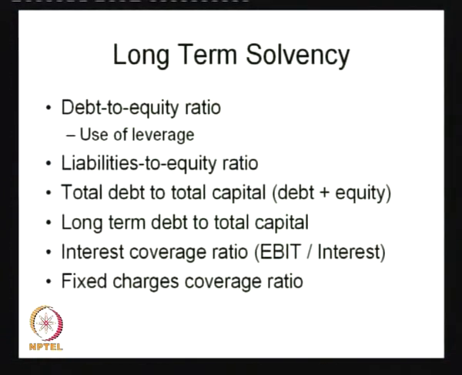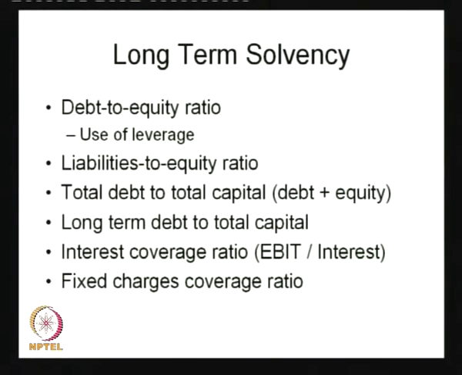Then in the other category of financial ratio, leverage or long term solvency ratio, instead of taking total debt, one can talk about long term debt to total capital. Here we do not talk about short term debt, only long term debt, because capital is supposed to be a long term source of finance. Total capital is again total debt plus equity, and in that you take only long term debt. This is another variation of the ratio.